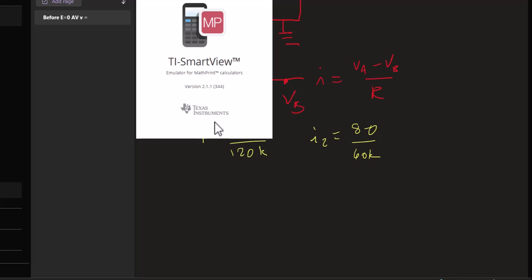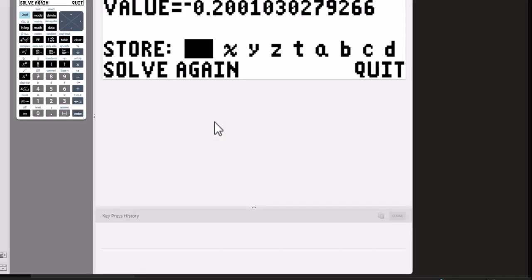So I'm going to divide 8 by 120, and because I'm dividing by 120K, I know that's going to give me milliamps. So rather than dividing by 120,000, I just know my answer is going to be in milliamps.